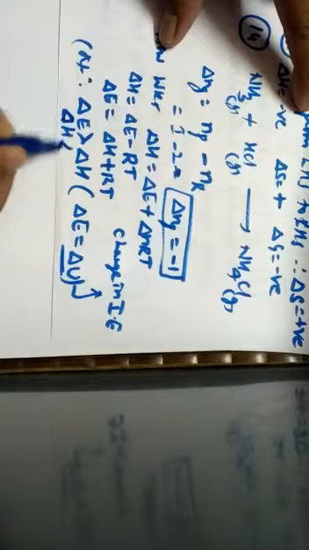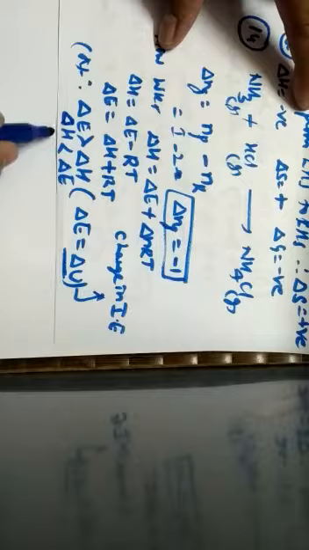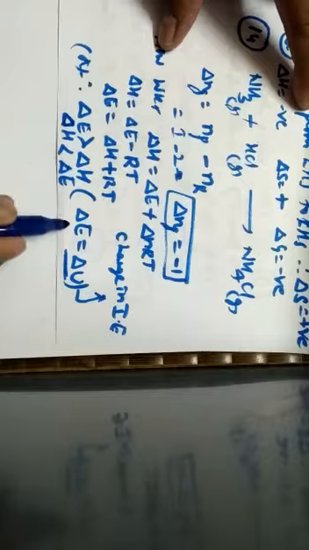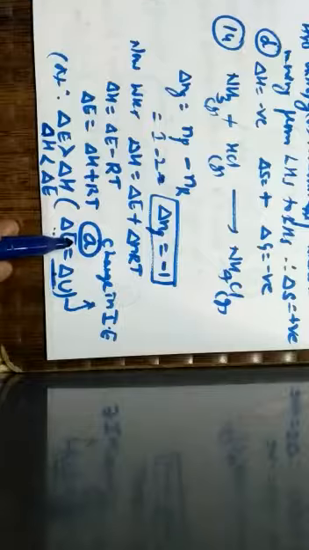So delta E is greater than delta H, or you can also write it as delta H is less than delta E, because in the option it has been given as delta H is less than delta E, where delta E is equal to delta U. Hence, the correct option for the given question is option A, that is delta H is less than delta U.